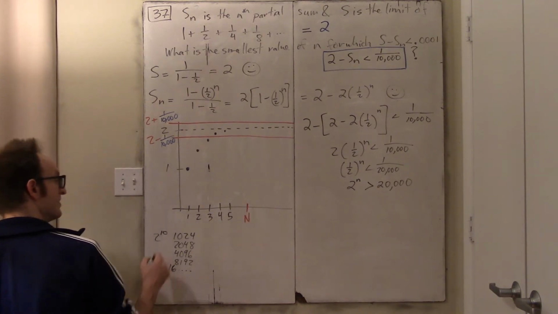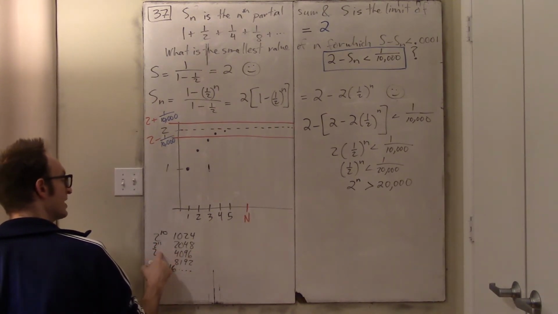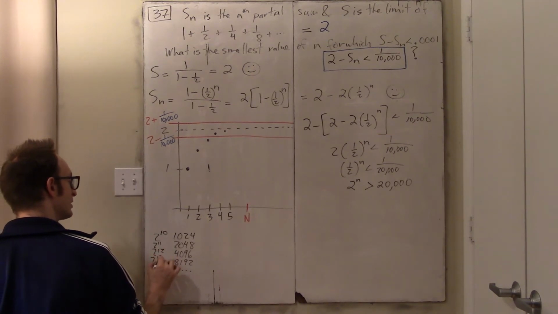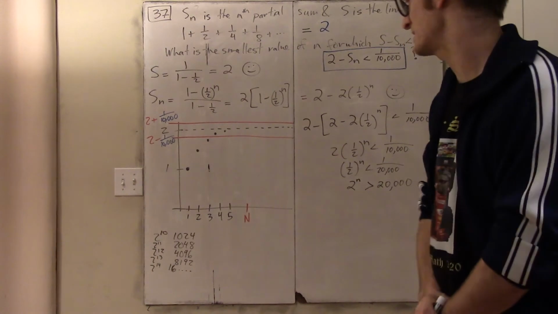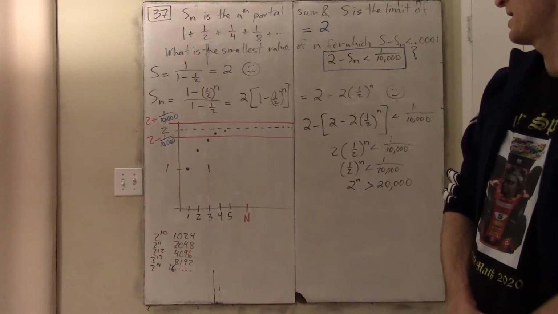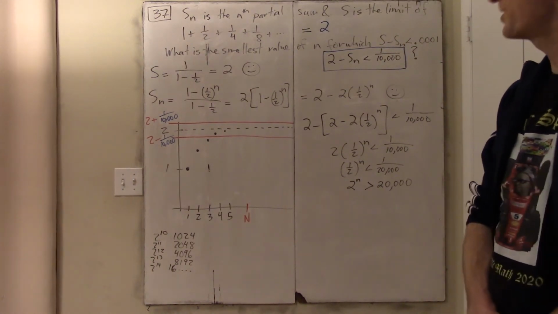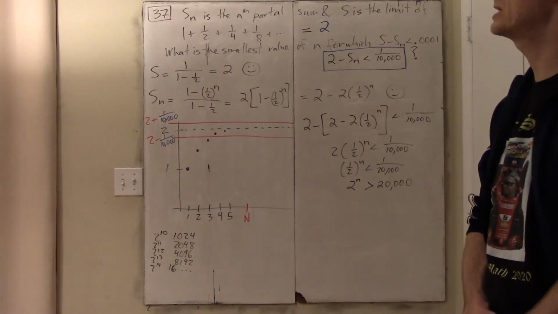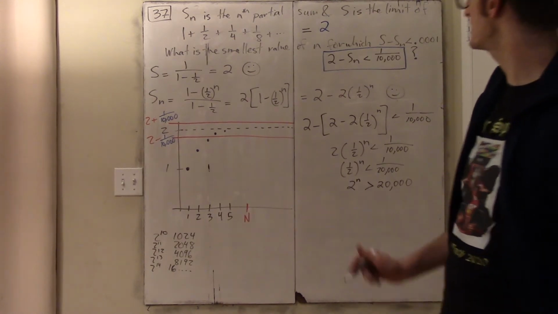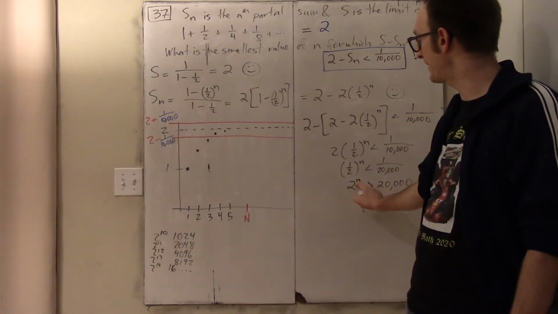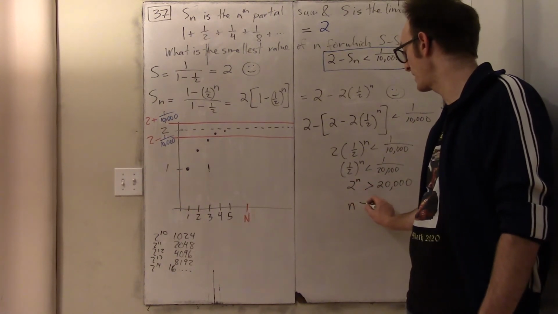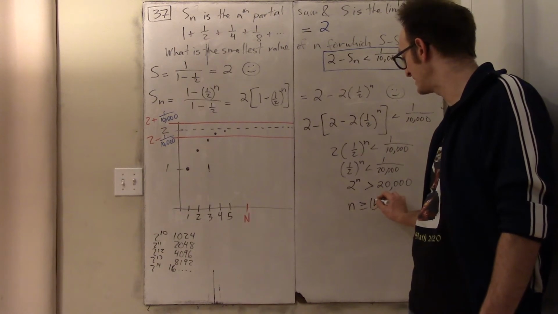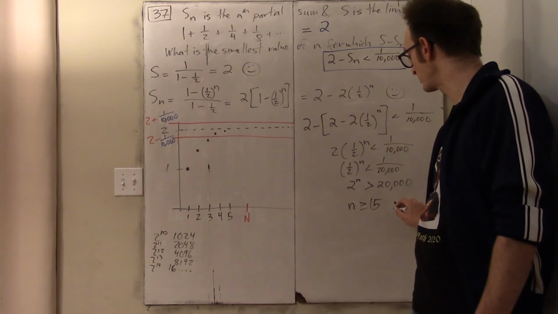So that's 2 to the 11th, 2 to the 12th, 2 to the 13th, 2 to the 14th. If I counted that correctly, 2 to the 14th is 16,000 something, so 14 is not enough. But if n is greater than or equal to 15, then this will be true.